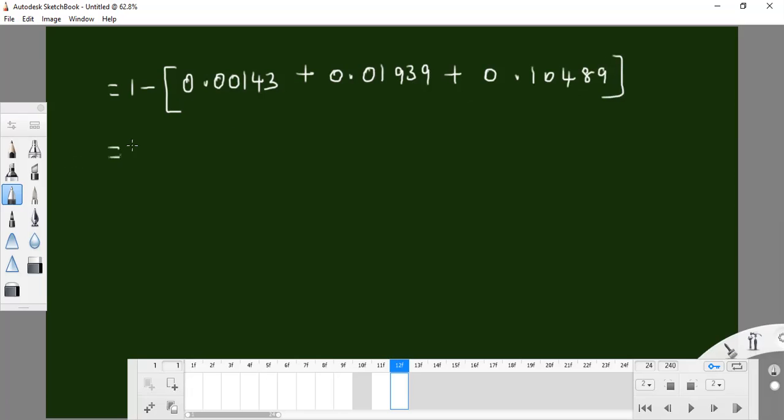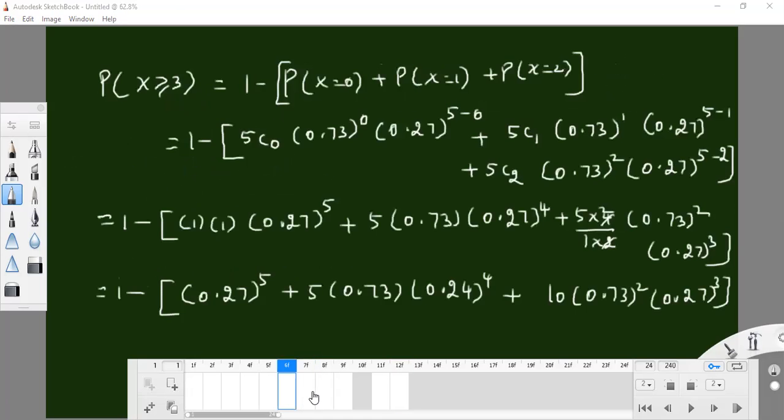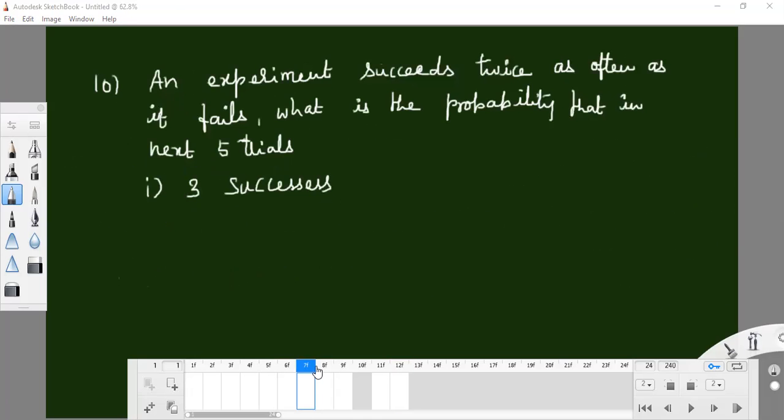So you can add all the values, giving 0.1257. When we subtract from 1, what is the answer? 0.8743. So P(x ≥ 3) equals 0.8743. Okay.